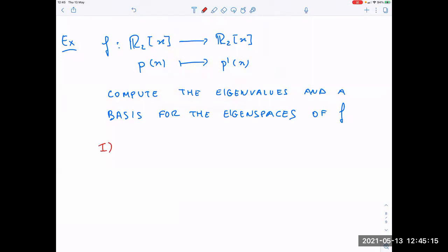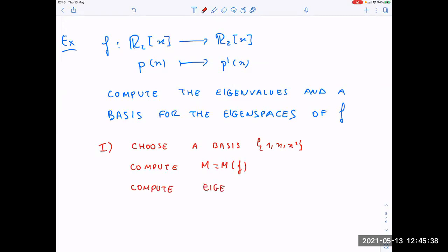One method is to choose a basis, like this one, 1, x and x squared, compute the associated matrix, and compute eigenvalues and eigenvectors. So it is a 3 by 3 matrix, so it's manageable, but it is not the easiest thing to do.